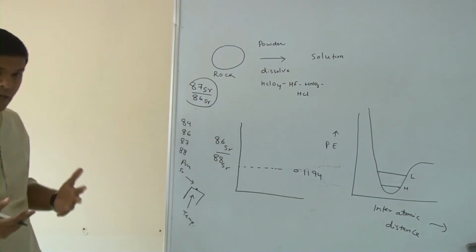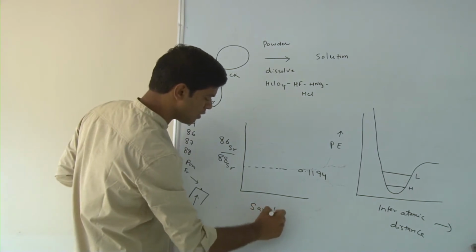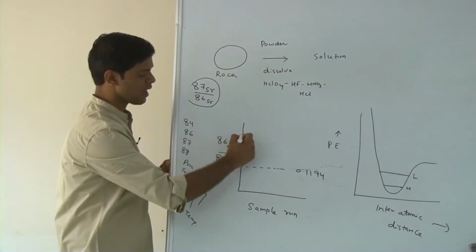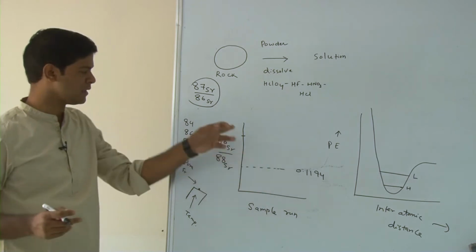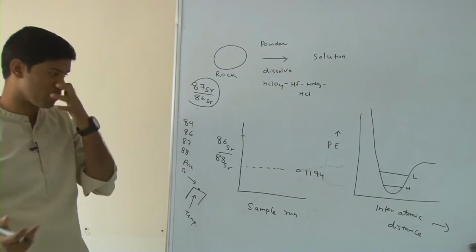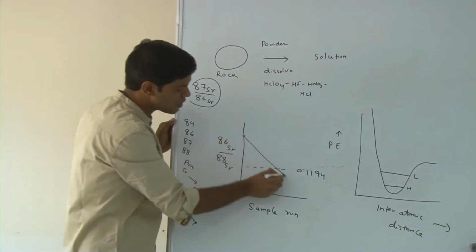But when you measure and record it over the run for any given sample, you will realize it always starts with a higher number compared to 0.1194, because chemical bonds of the lower masses are more readily breakable. After a certain time this will decrease.